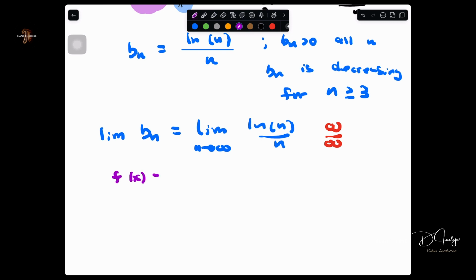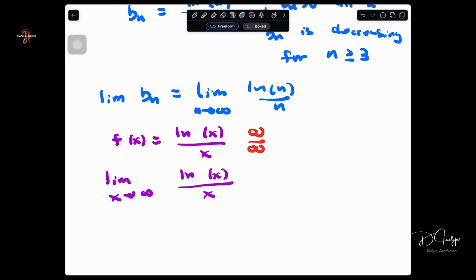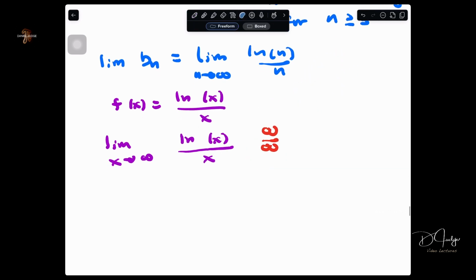If we look at the function natural log x over x, and the limit as x goes to infinity, we still get that indeterminate quotient. Because it's an indeterminate quotient, IQ, we're going to use L'Hopital's rule.